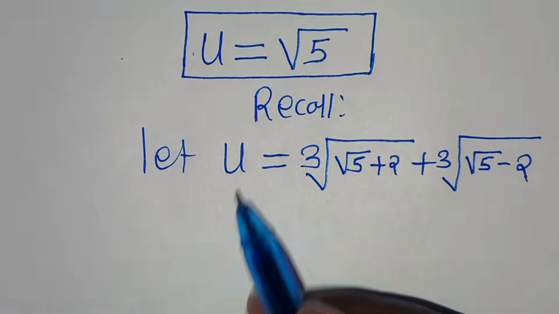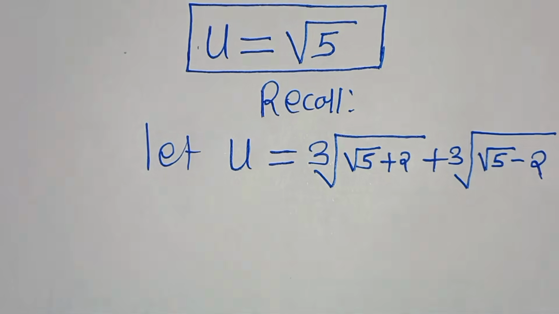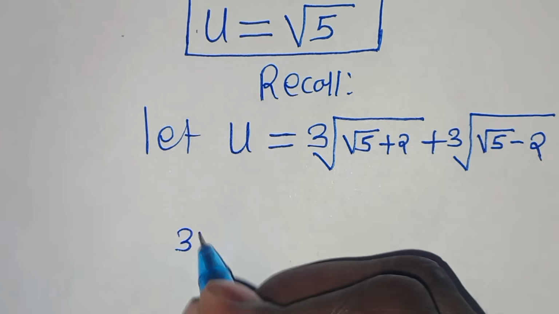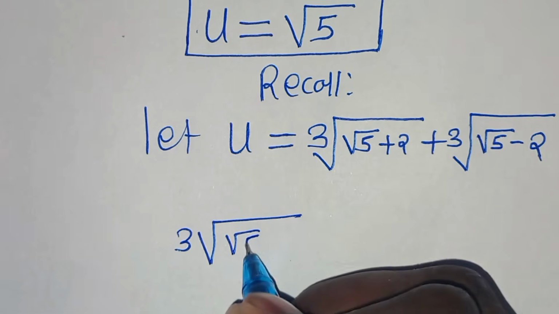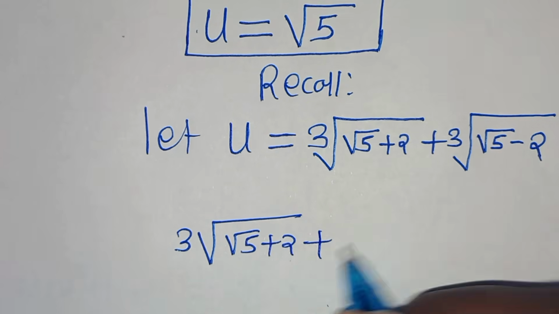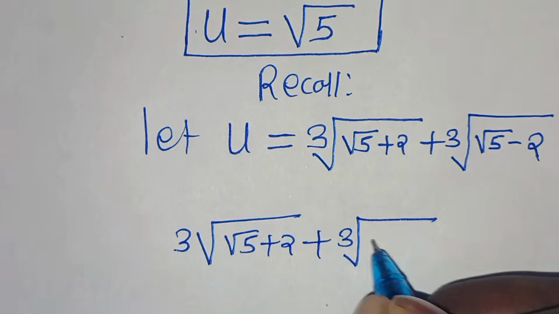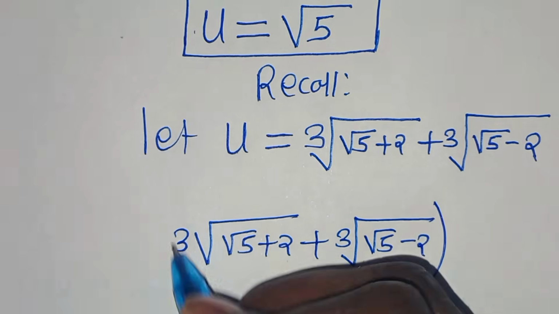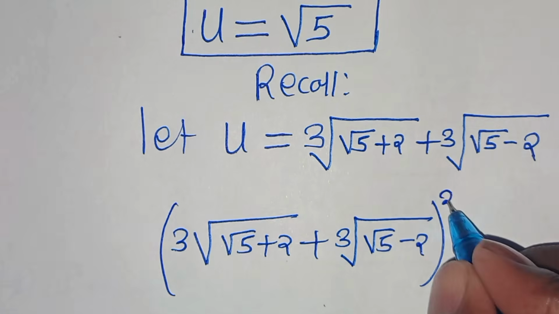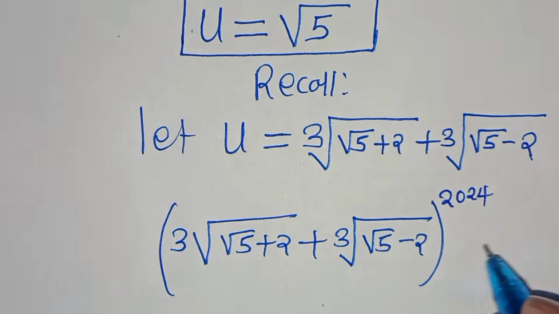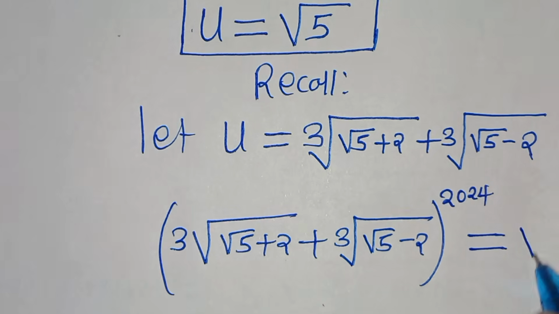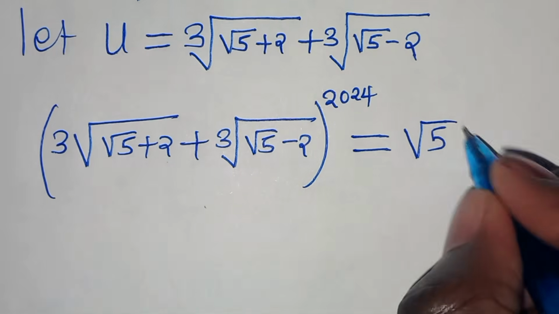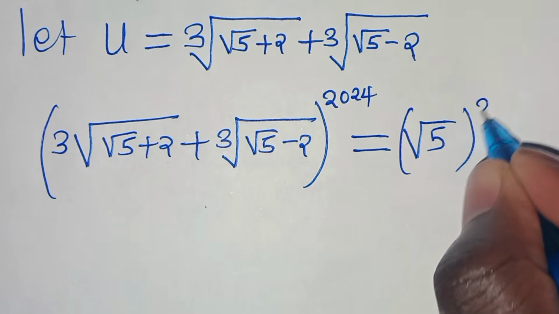Now, substituting u with square root of 5, this means that the cube root of root 5 plus 2, then plus the cube root of root 5 minus 2, raised to the power of 24, is equal to square root of 5 raised to the power of 24.